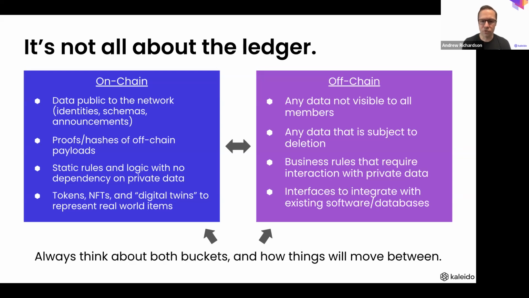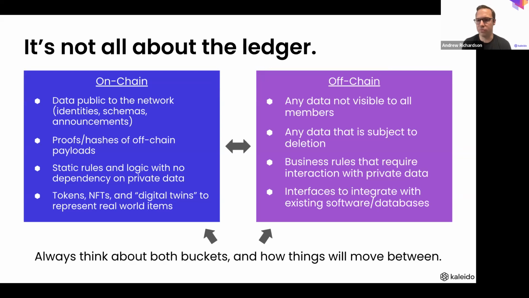So there's usually some sort of public notion of identity, some announcement of schemas that we're going to share, and then there's usually lots of proofs of off-chain pieces of data. But there's usually a lot of data that is going to have to fall into the right-hand box, right?